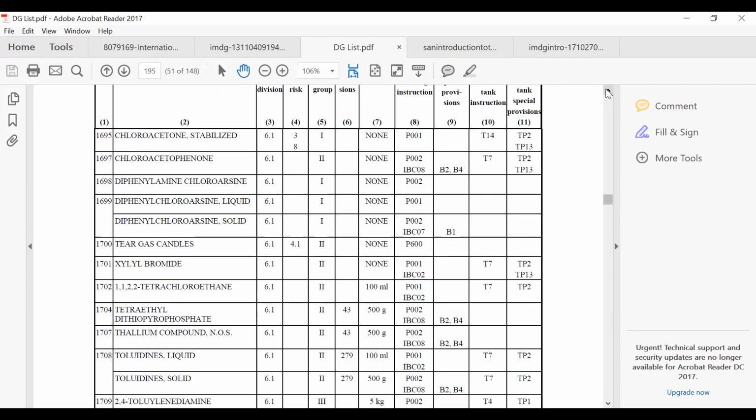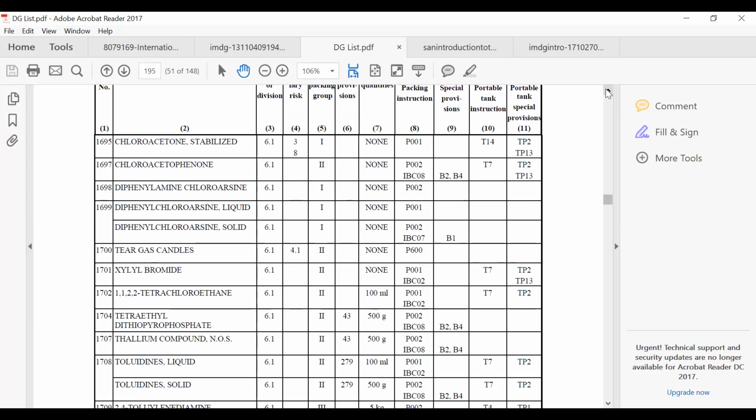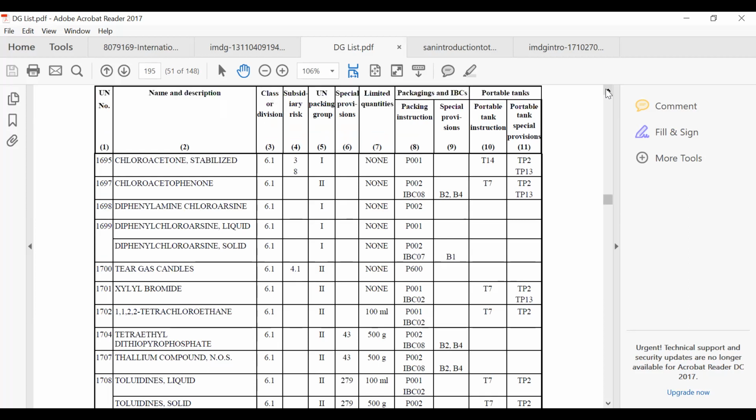Give me the first one on the screen, starting from the first information down, just like how Toby has said it. The first one is UN 1695. The name and description is chloroacetone stabilized.